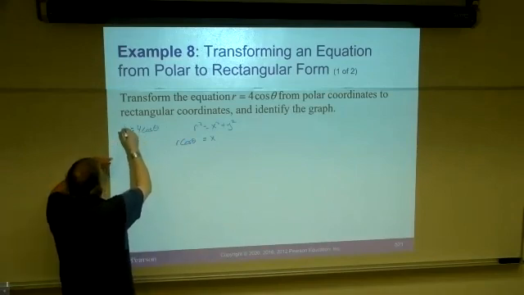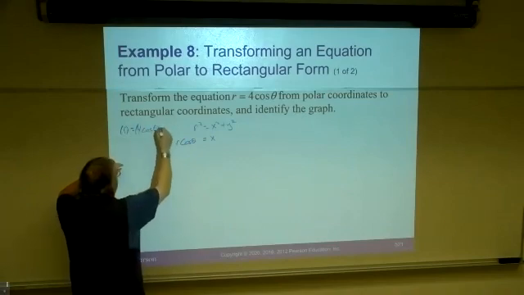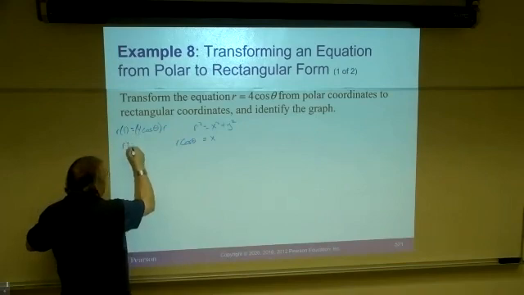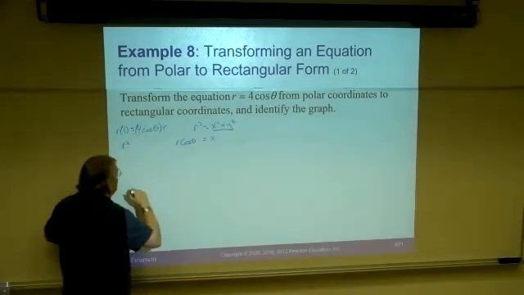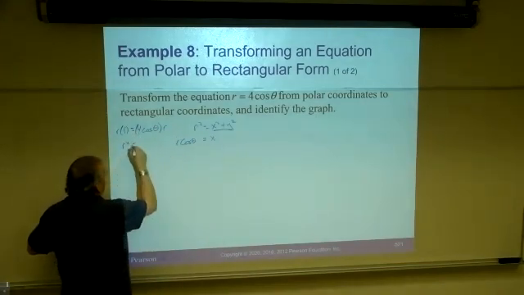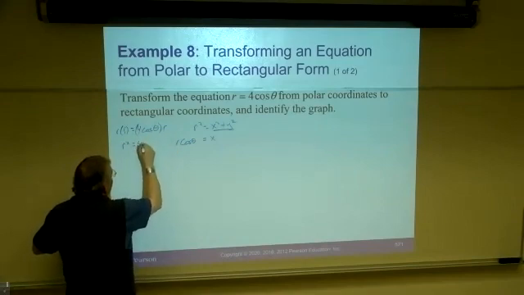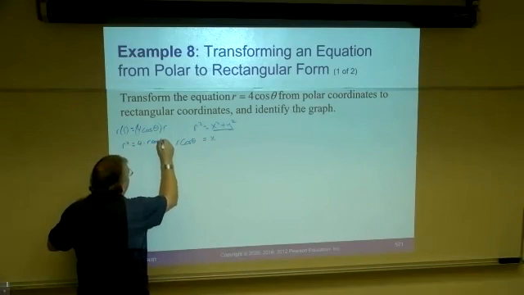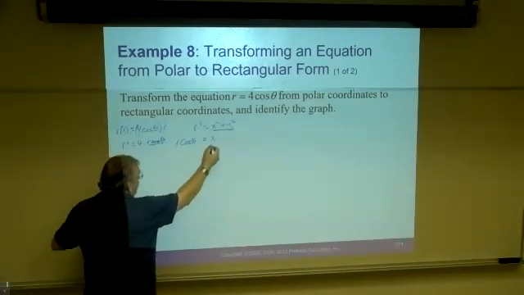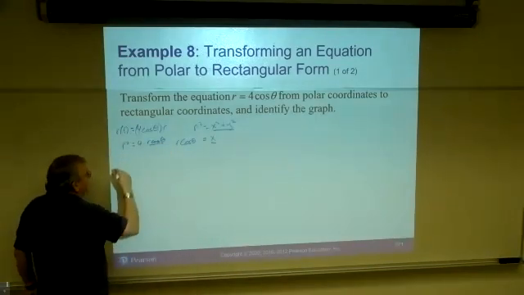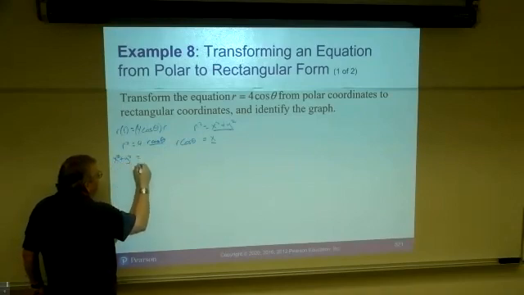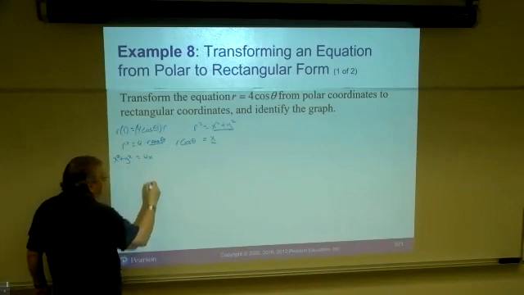So if I multiply both sides by r, then I get r squared, so I can replace that with x squared plus y squared. And I multiply in here and I have 4 times r cosine theta, and the r cosine theta is now x. So this becomes x squared plus y squared equals 4x.